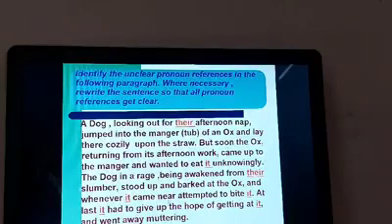And whenever it came near, this "it" is again confusing because this "it" may be the dog and this "it" may be the ox. So I have underlined it as a confusing word. Whenever it came near to bite it.